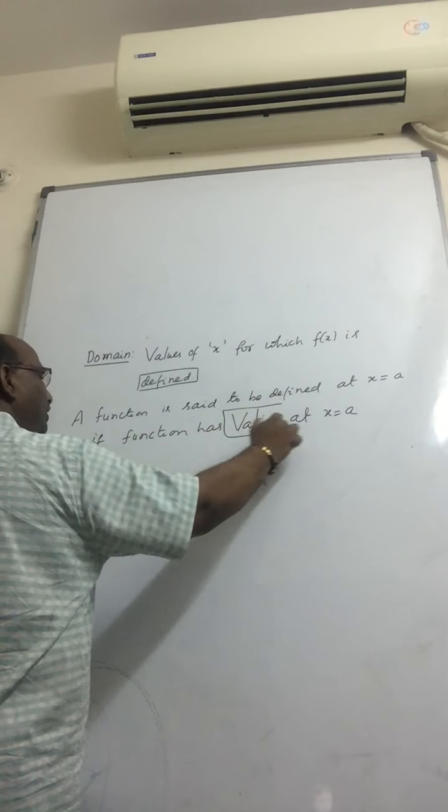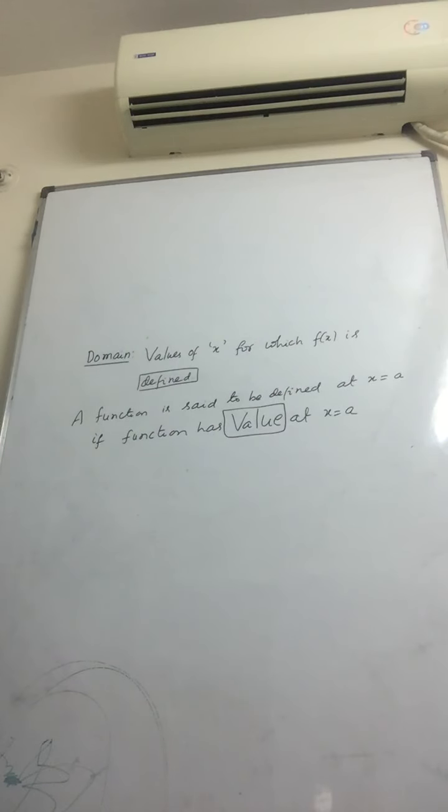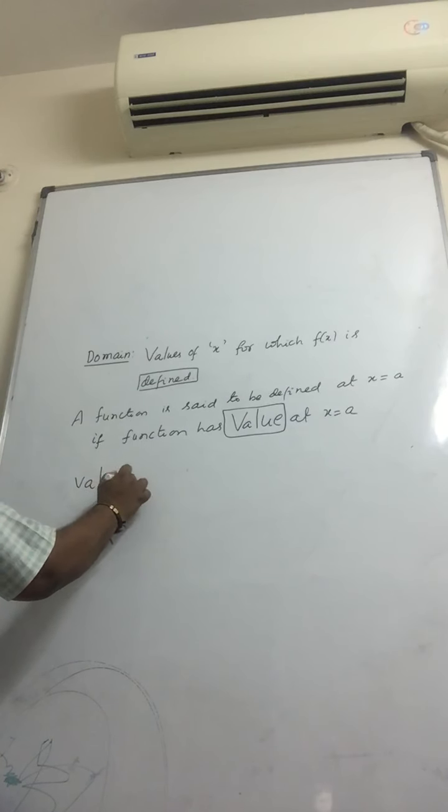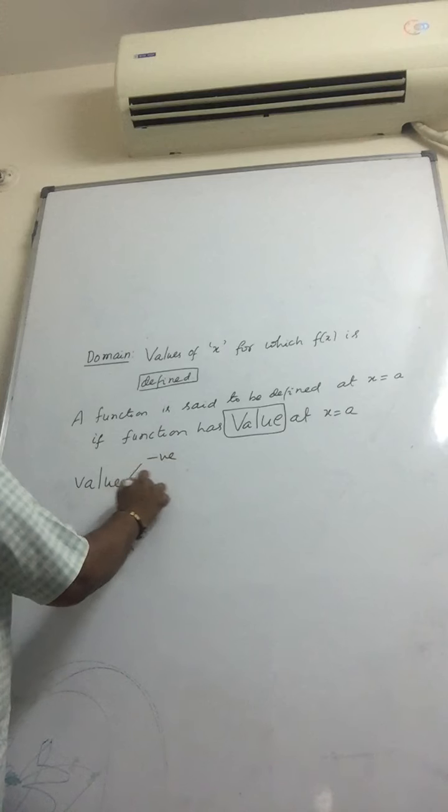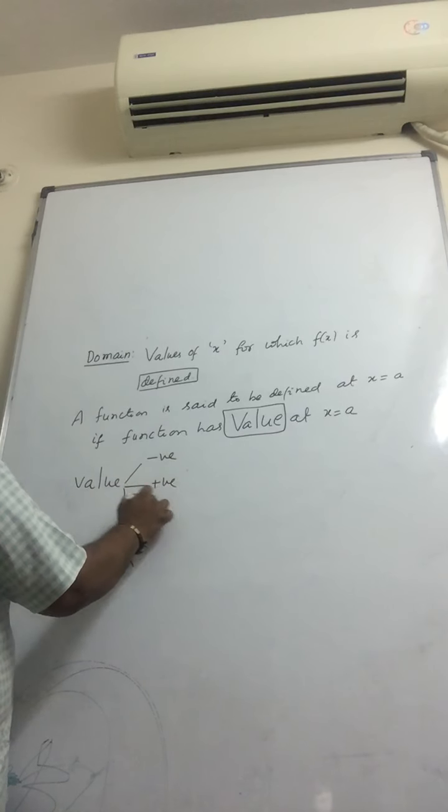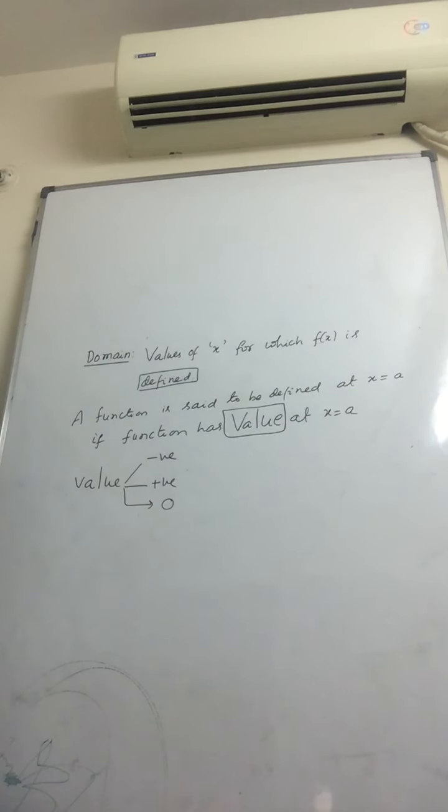Here again I am introducing a new word, value. Value means it can be negative, positive, or it can be 0. So three possibilities will arise. We say that the function has a value.